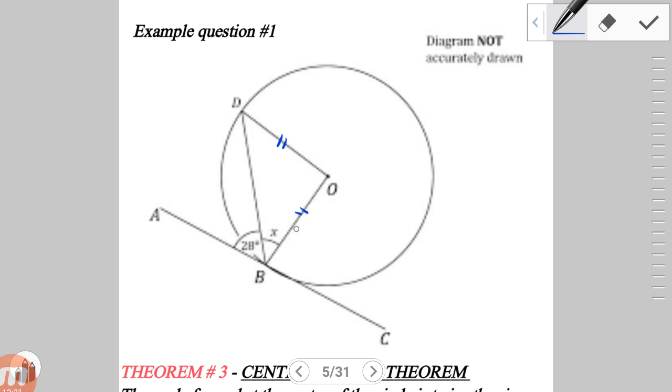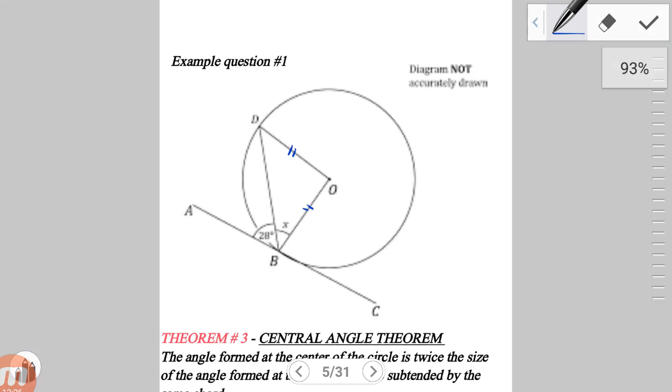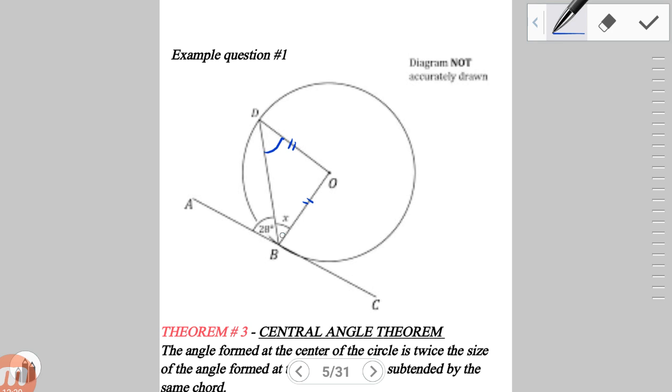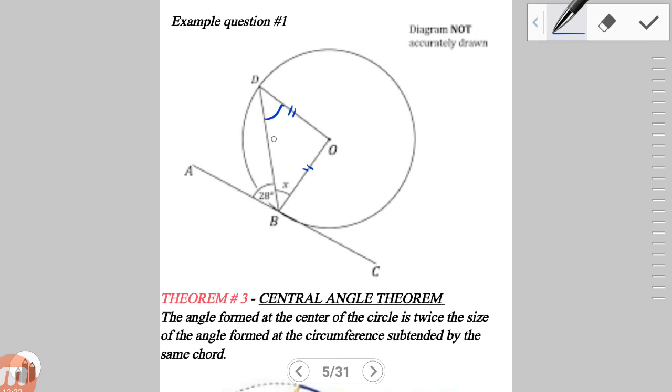Well, if those two sides are equal, then naturally the angles at the bottom are also equal. So therefore, if this angle is x, then this angle is also x.